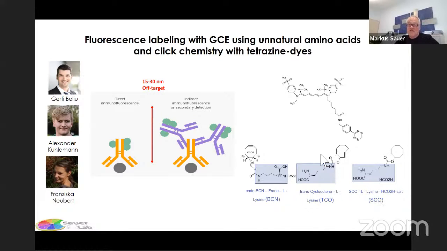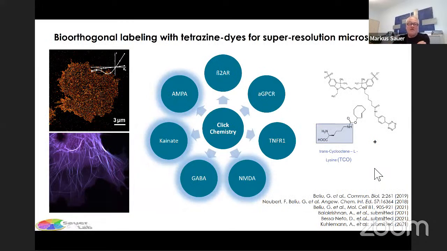We usually use lysine TCO, with a highly reactive double bond in a strained ring, which reacts efficiently with tetrazine in a copper-free click reaction. We have optimized this in the last few years and published it in many papers together with different groups around the globe, introducing these unnatural amino acids mainly in receptors on the plasma membrane, but also intracellularly in microtubules, to visualize the dynamics of tubulin.